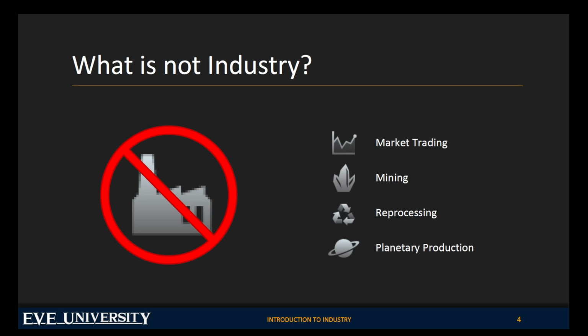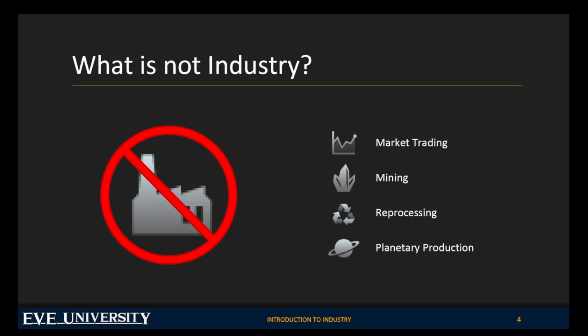What is not industry? That's going to be market trading, mining, reprocessing, and planetary. It says planetary production, but it's now called planetary industry. These are all related, even though they're not industry. And a lot of people who do industry do all of these things.